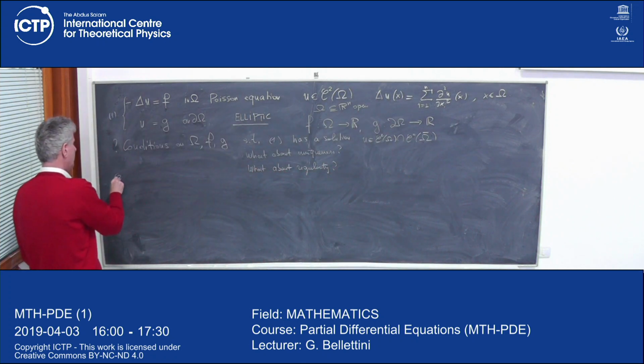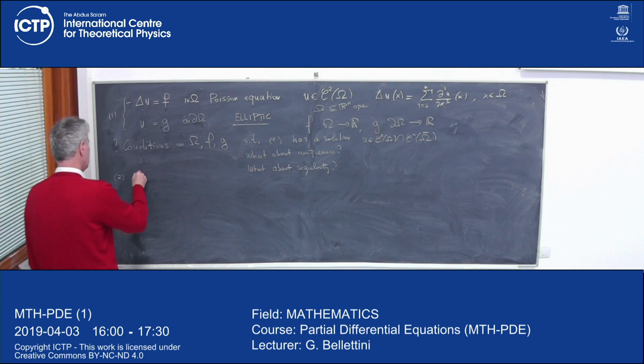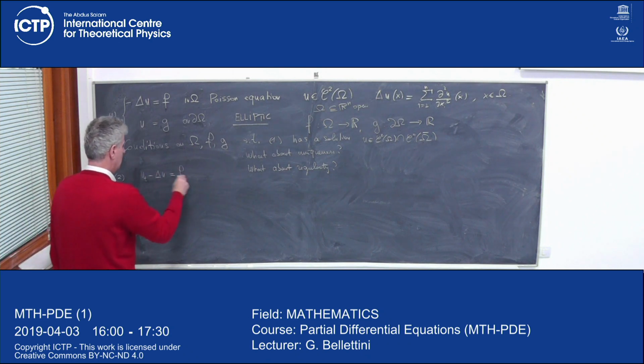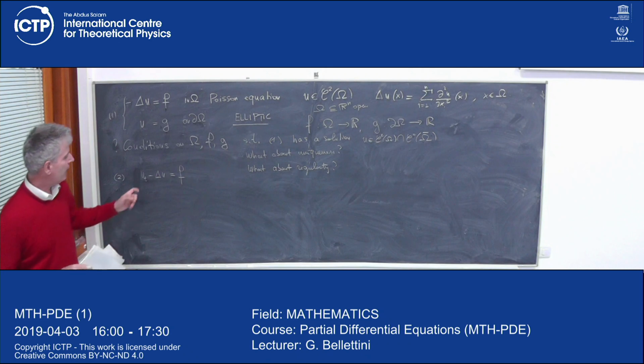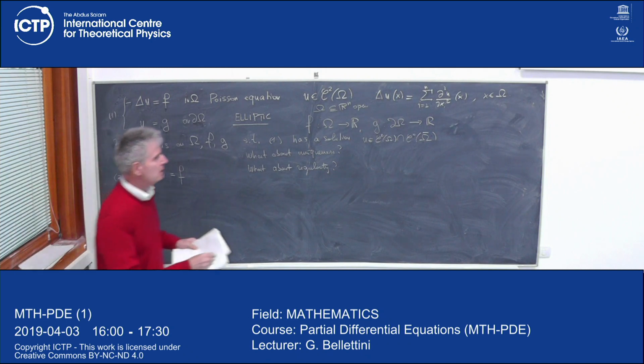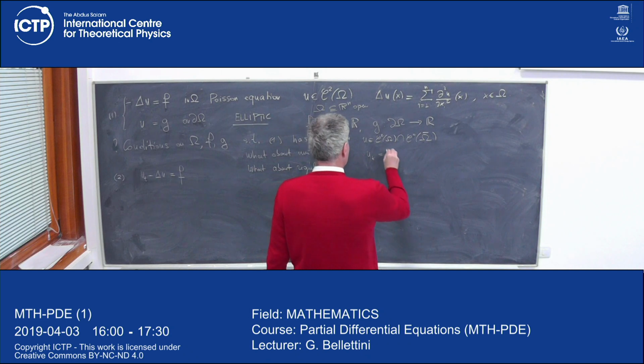Another problem of interest here is the heat equation. So you have another PDE. Now there is a new variable here, which we could call time. u_t means the partial derivative of u with respect to t.